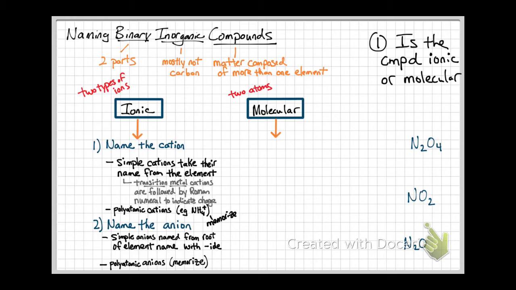So in this case, we have one that has two nitrogens and 4 oxygens, and also one that has only 1 nitrogen and 2 oxygens. So we have to have a naming system that can account for those differences.